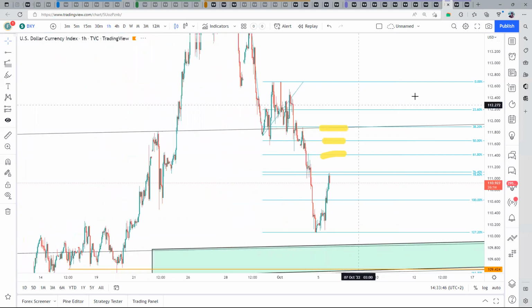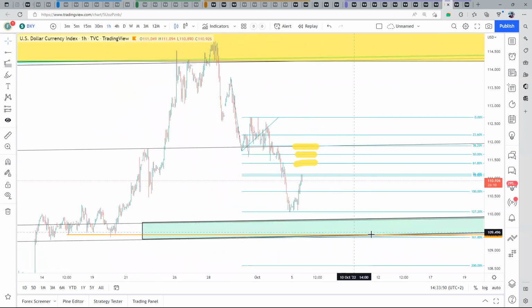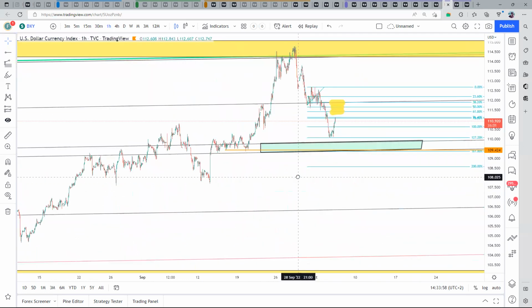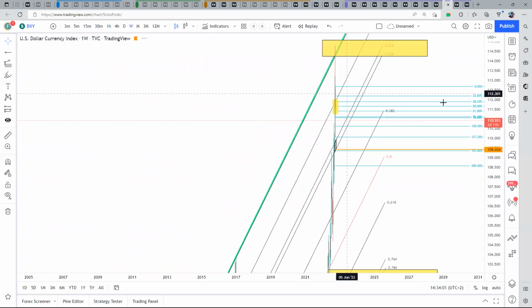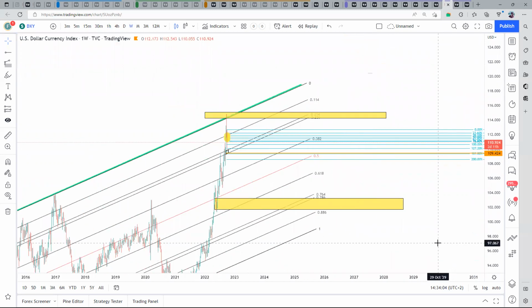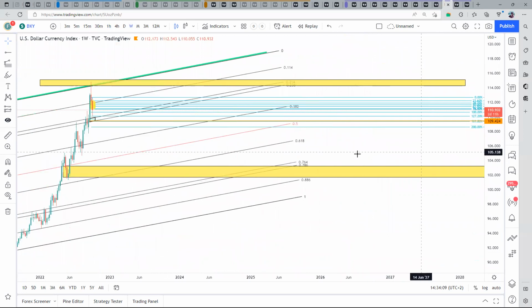I wanted to share this with you too, because here we have an area where we will end soon that will give us a little bit of a bounce. This chart, if we look at it on a bigger time frame, is the big channel I have already posted many times in recent weeks.